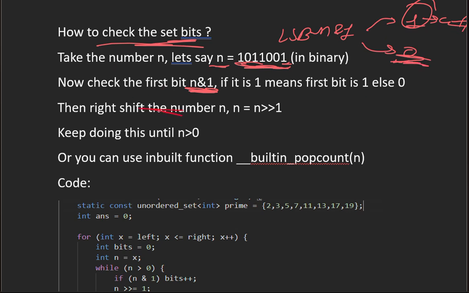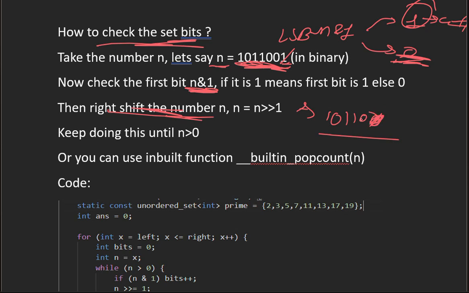And then we right shift the number by one position. When we right shift this number, we get 101100. We have shifted this one off to the right, right? So we get this number. Then again we check: 0 AND 1 is 0, so it is not a set bit. Again when we right shift, this will be removed.